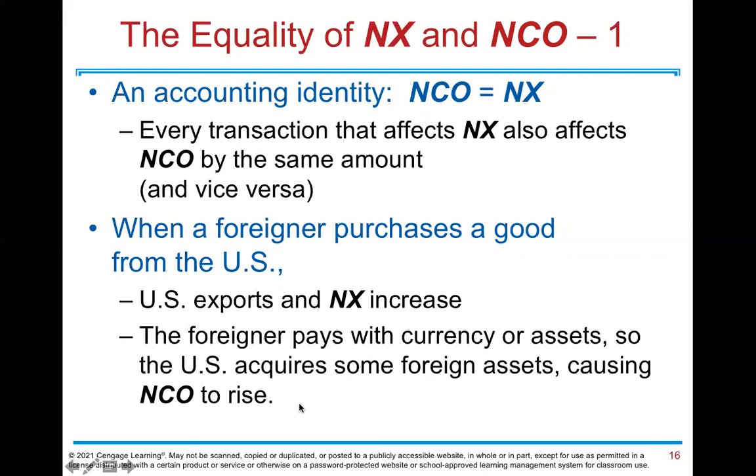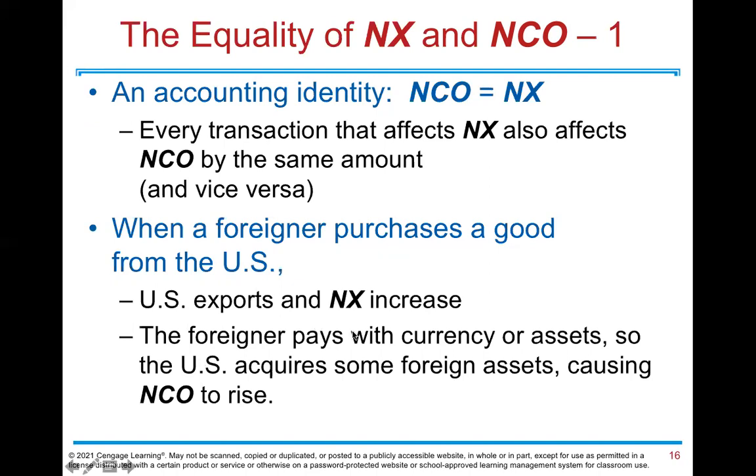The idea here is that if Mexicans buy American goods, they pay with Mexican pesos, and we acquire those Mexican pesos, causing our net capital outflow to rise, meaning that we can use that money to make purchases in Mexico, okay? And here, net capital outflow means that we are now purchasing Mexican assets or foreign assets.